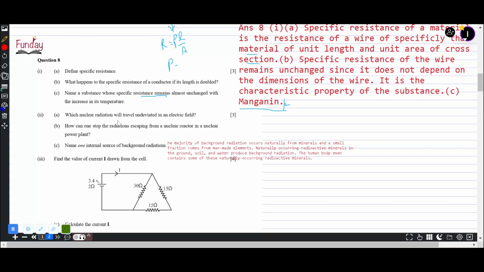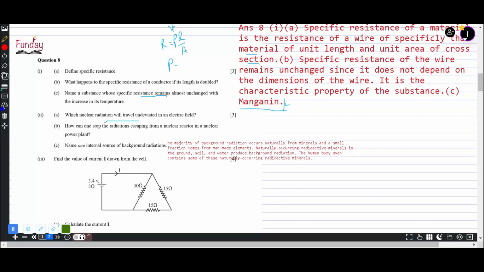Which nuclear radiation will travel undeviated in an electric field? How can one stop the radiation escaping from a nuclear reactor? Answer this question if you know. Gamma radiation will travel undeviated in an electric field.